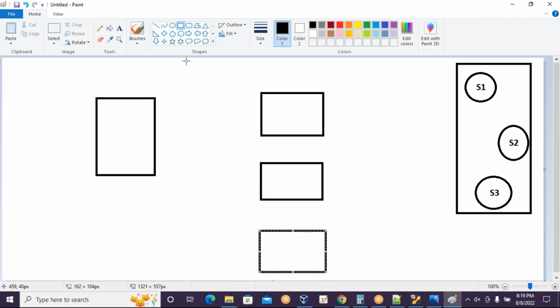According to the daisy chain configuration, I'm not drawing any clock pulse, since it is understood the master is going to generate the clock pulse. And let's say the master is connected like this to slave 1, and slave 1 is connected to slave 2. So I'm going with the daisy chain as I said, so slave 1 is connected to slave 2 like this.